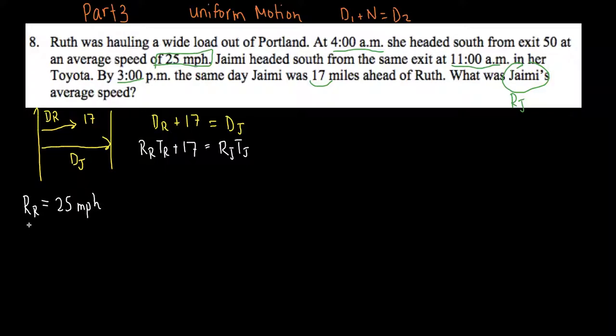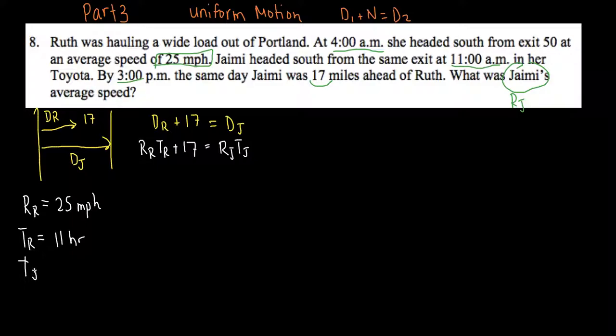I don't know the rate of Jamie, but I do know something about the times. The time of Ruth traveling: she left at 4 o'clock in the morning, and we're stopping the time at 3 p.m. So how many hours is that? What I like to do is think about 4 o'clock to noon. Between 4 and noon, that's 8 hours, and then another 3 hours, so that makes 11 hours of travel time.